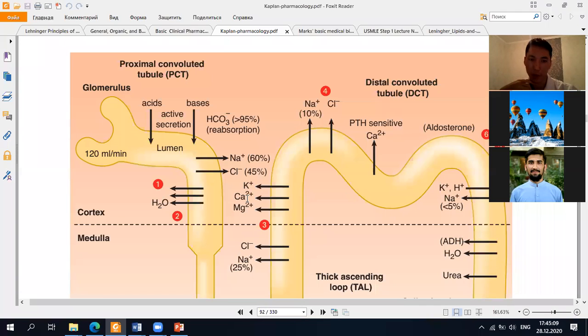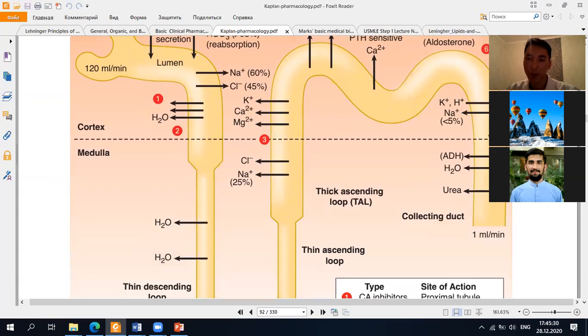We will be talking about loop diuretics, and after that, about hypocalcemia and hypomagnesemia, and we will be talking about these terms too. Now, there will also be a reabsorption of sodium ions, chlorine ions, and calcium, with aldosterone, and after that, it will be passing through the collecting duct.